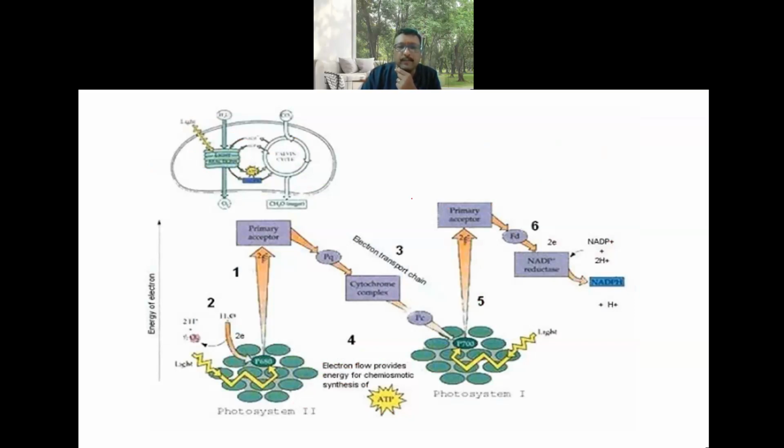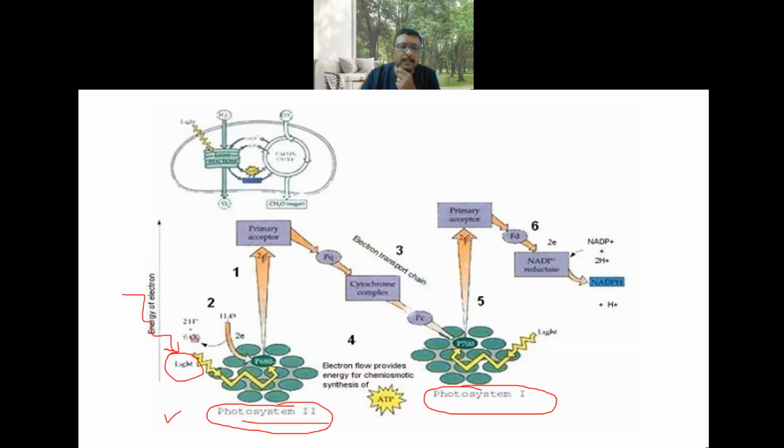So, what are those photosystems? If you see this picture, this is photosystem 1, and here is photosystem 2. Let us discuss photosystem 2 first. It utilizes the sunlight coming from the sun which is below 680 nm of wavelength.